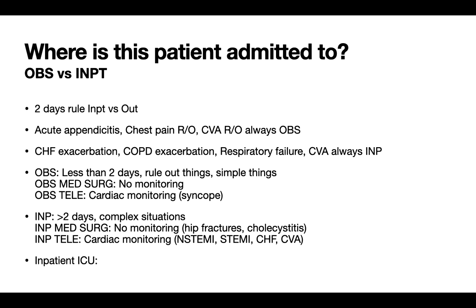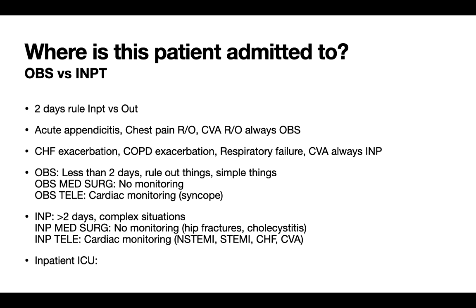Some exceptions to this rule are acute appendicitis, always observation; chest pain rule out, always observation; CVA rule out, always obs. For always inpatient, it's CHF exacerbation, always inpatient; COPD exacerbation, respiratory failure; CVA, confirmed CVA, always inpatient.